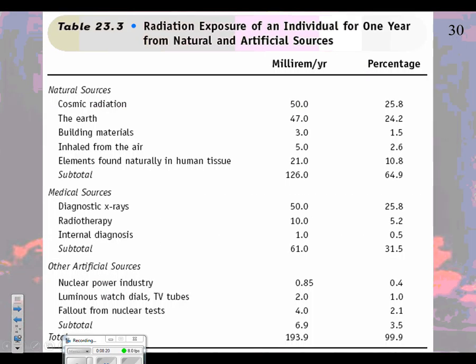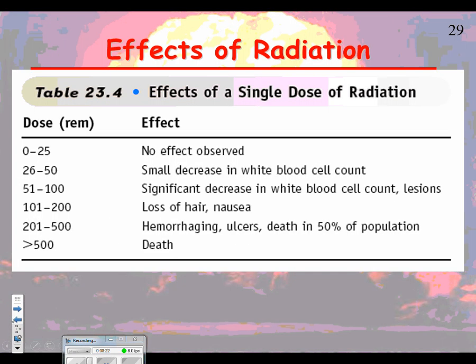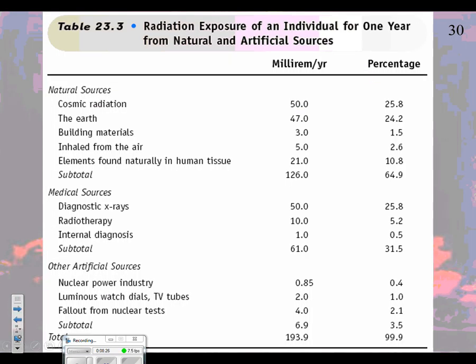So let's look at what it all is. Now those were rem. This is millirem. Milli means what? 1,000. So just teeny, teeny amounts. So cosmic radiation, we're going to get 50 just because we're in the cosmos. On the Earth, just because we're on the Earth, we're going to get 47. If we go into buildings, which we do, we're going to get 3. If we inhale the air, which we do, we're going to get 5.